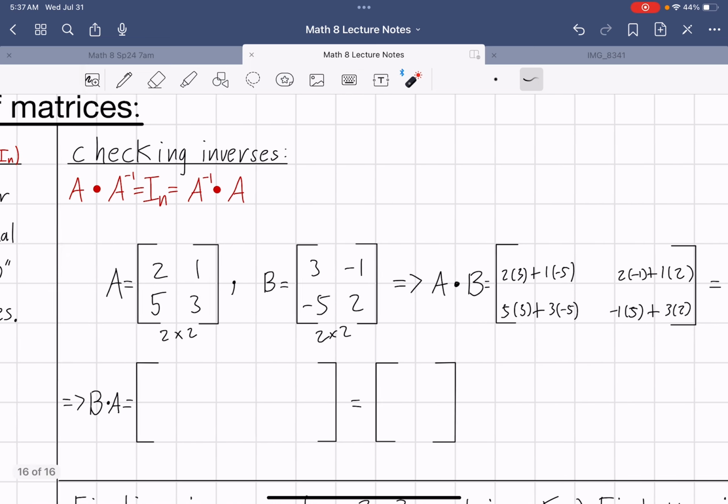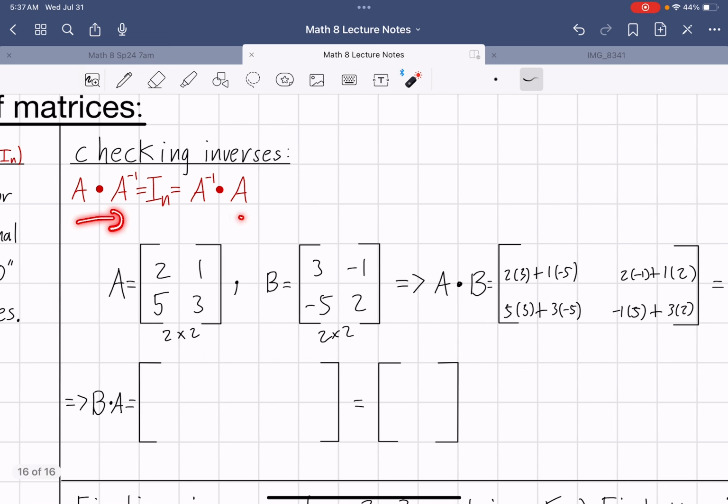So far, it's worked in one direction, but I need to check the other. So I've done A times, I guess we don't know that this is the inverse of A, but if I wrote A inverse, that means we did this part. Now we need to do the commutative, we need to commute them and do this version.